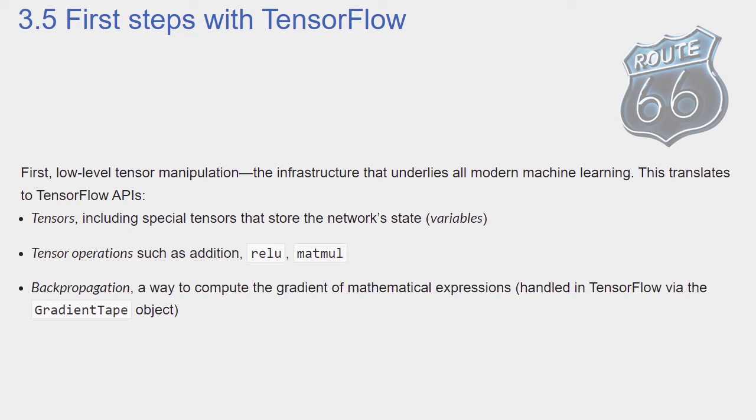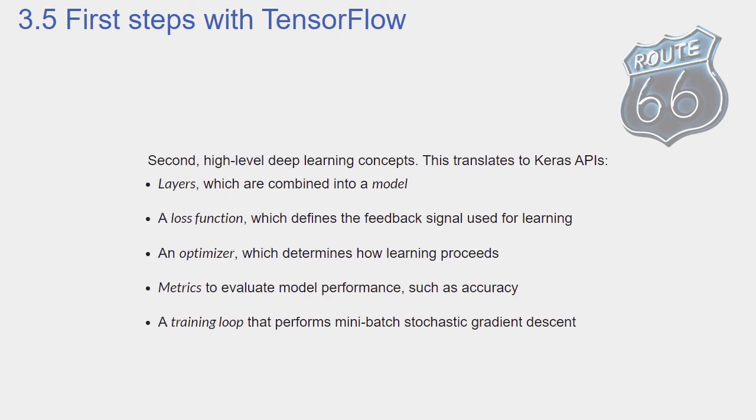This translates to TensorFlow APIs. Tensors, including special tensors that store the network state, or variables. Tensor operations, such as addition, ReLU, matmul. Backpropagation, a way to compute the gradient of mathematical expressions, handled in TensorFlow via the gradient tape object.